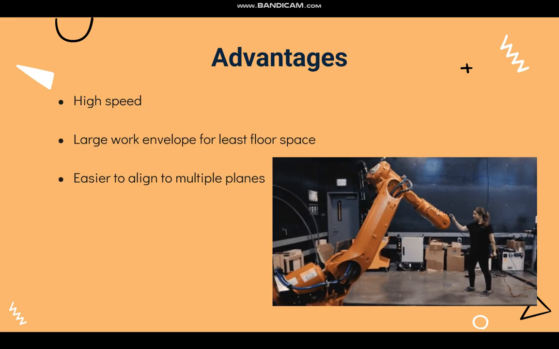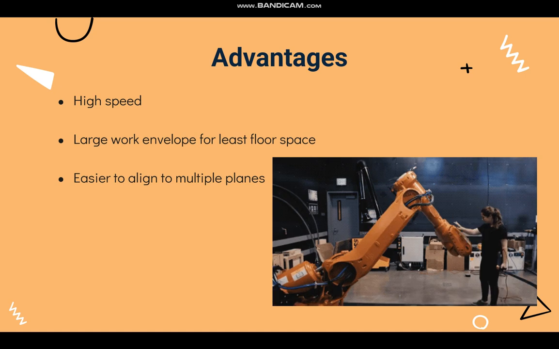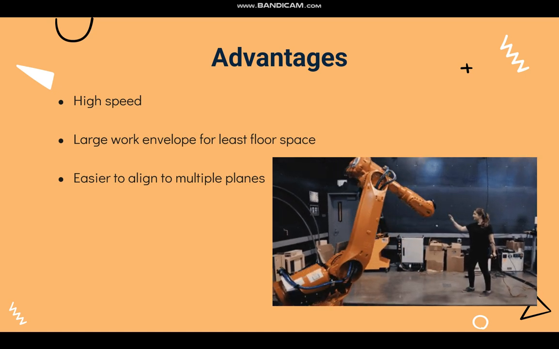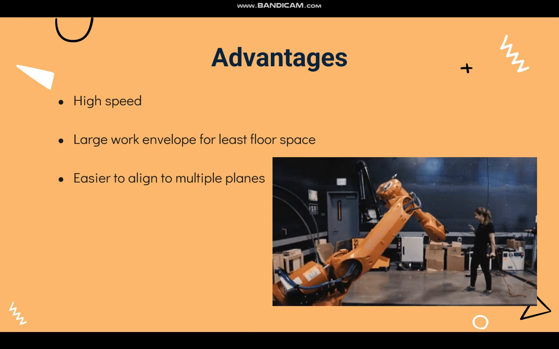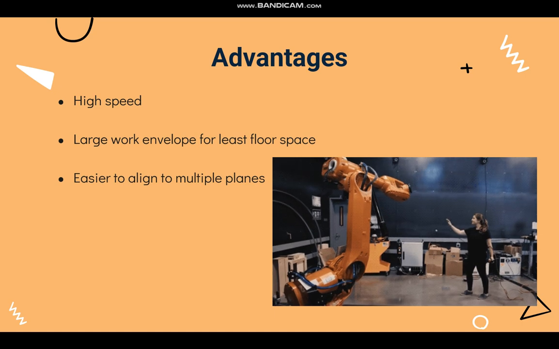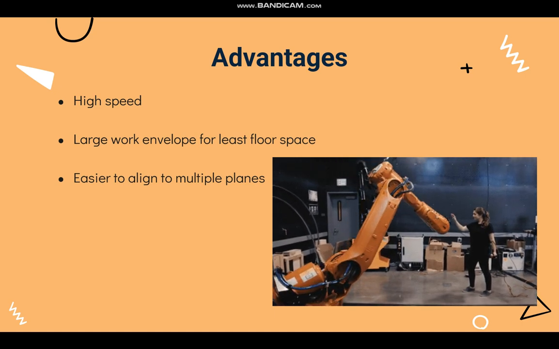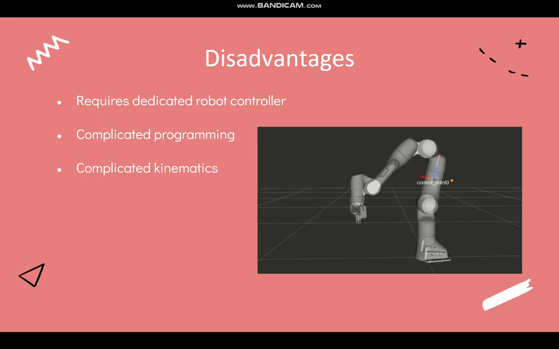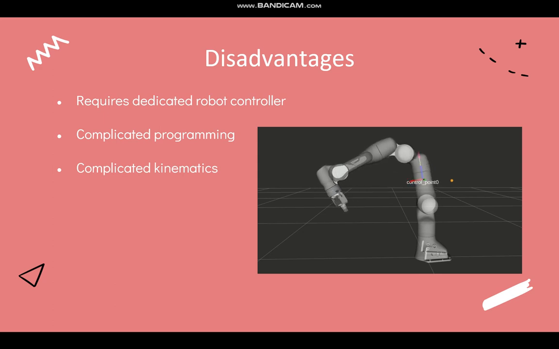The advantages of articulated robots: they can work at high speed, have a large work envelope for least floor space, and are easier to align to multiple planes. The disadvantages: they require a dedicated robot controller, complicated programming, and complicated kinematics.